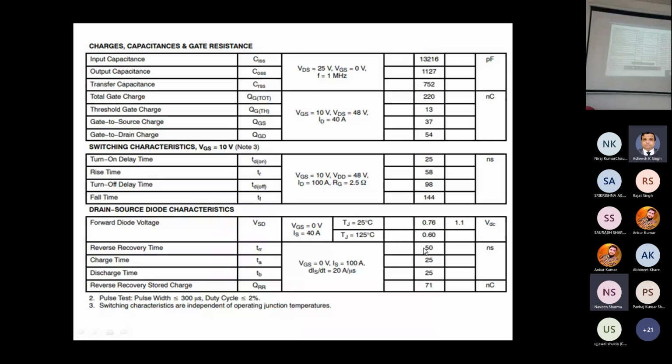So according to these times, we decide what our frequency should be. Here we can see turn on delay time, rise time, turn off delay time, and fall time. Add these times together, and depending on that you will get a frequency. Our frequency should not be more than that.